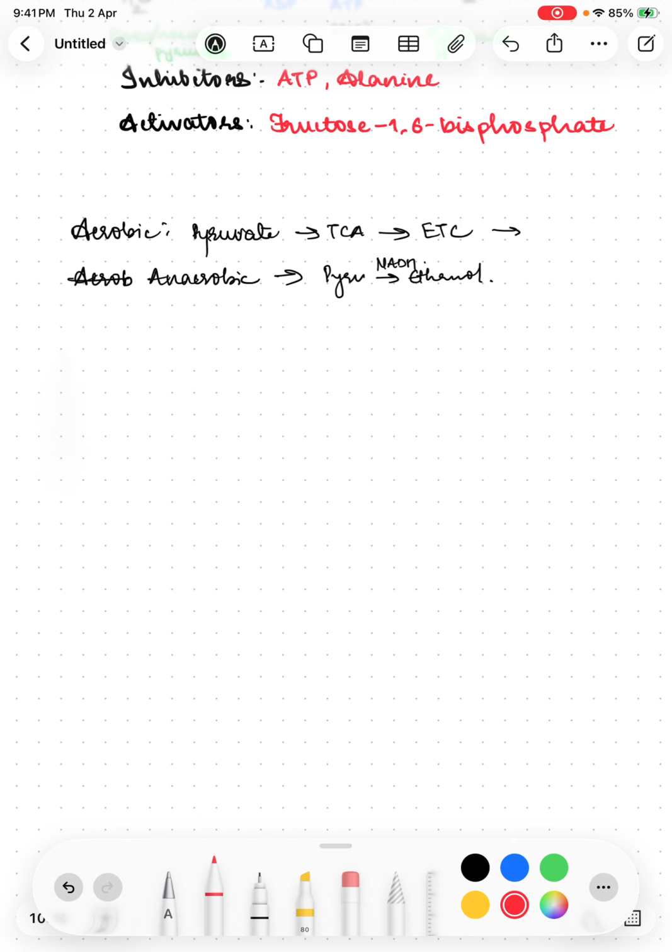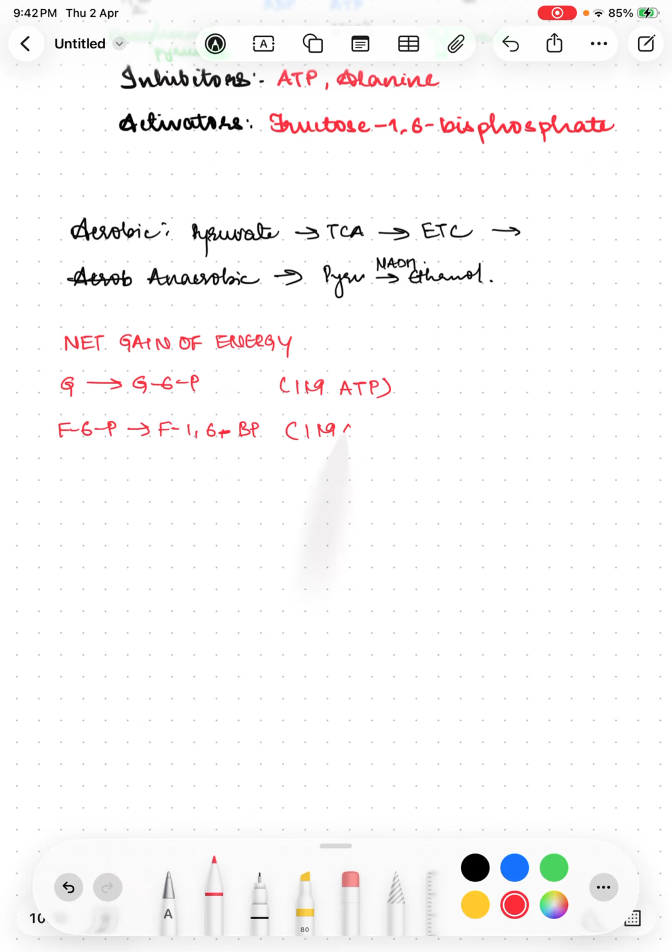Now again we will see the net gain of energy during glycolysis. During conversion of glucose to glucose 6-phosphate, we utilized one molecule of ATP. Fructose 6-phosphate to fructose 1,6-bisphosphate, we utilized one molecule of ATP.